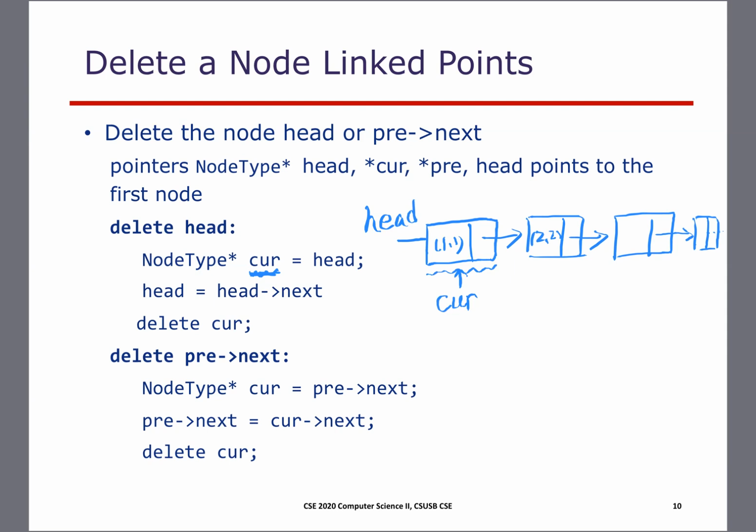This is step one. The next step, we update head equal to head next. Now the head doesn't point to the first node, it will point to the second node, because head equal to head next. The second node's address is head next.